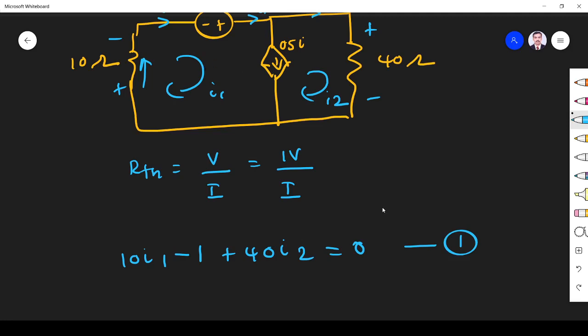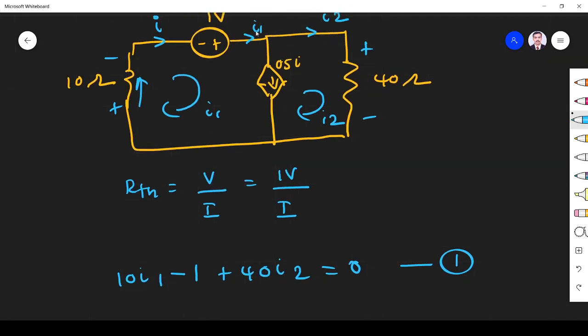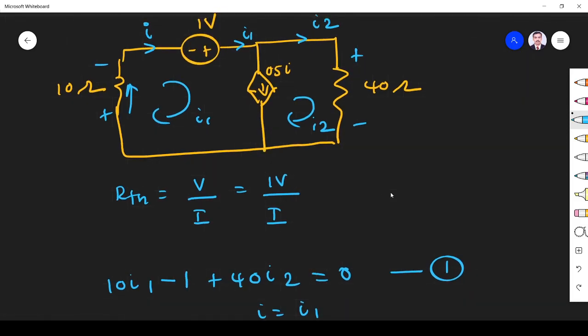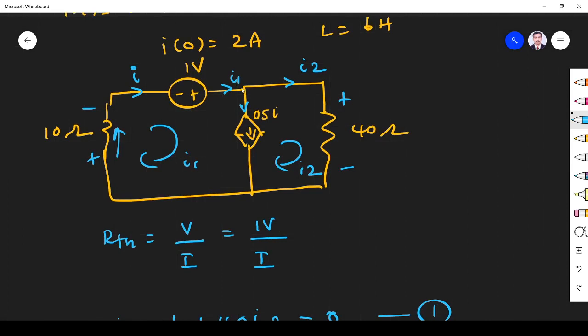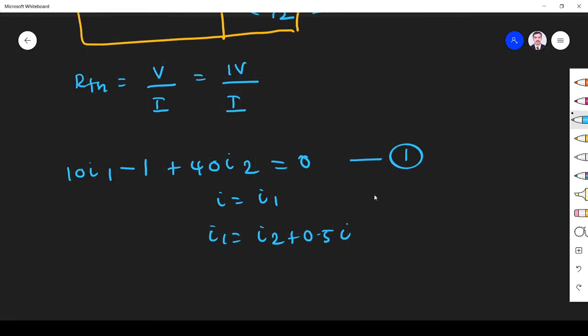We got this. From the diagram we understand I is equal to I1, and I1 is equal to I2 plus 0.5 I, because this is 0.5 I. I1 incoming is equal to outgoing current I2 plus 0.5 I. This is equation number 2 and equation number 3.